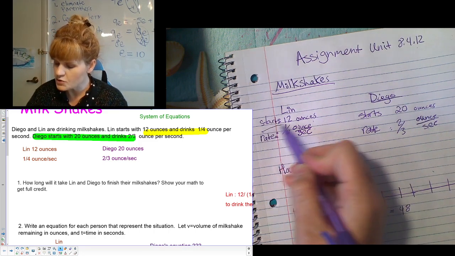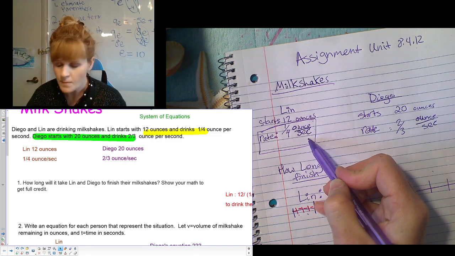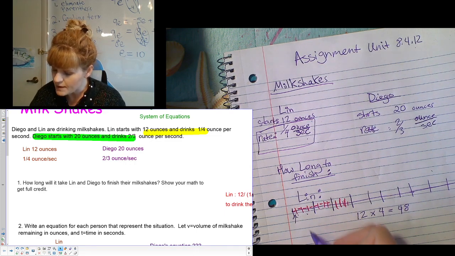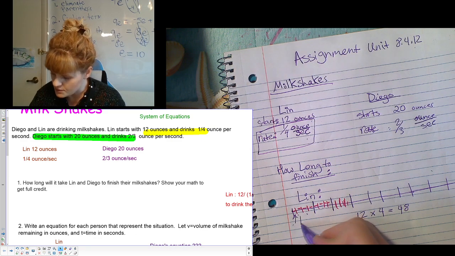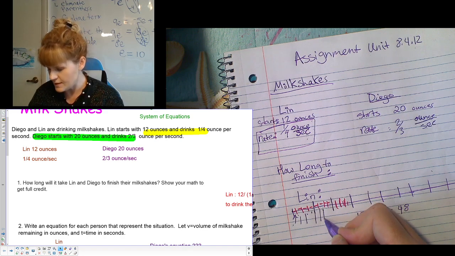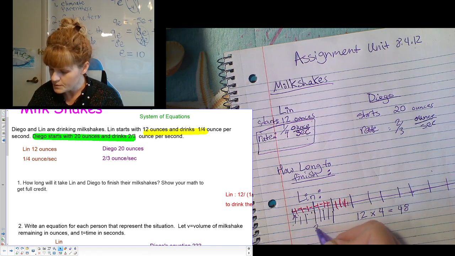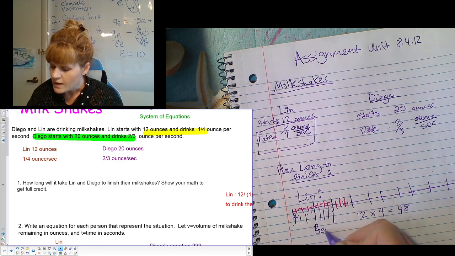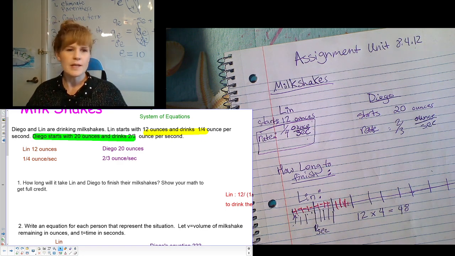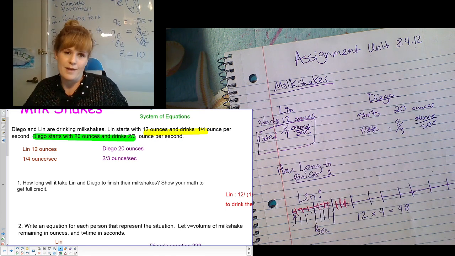Remember that he drinks 1/4 per second. So this shows me how many seconds: 1 second, 2 seconds, 3 seconds, 4 seconds, 5, 6, 7, 8 seconds. Actually, you don't need to show me this visual to do the problem. You can just do the math.